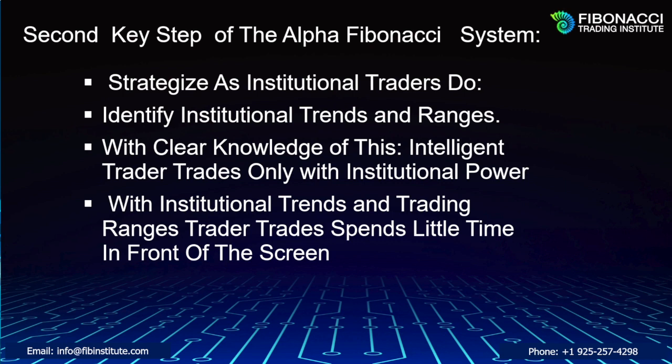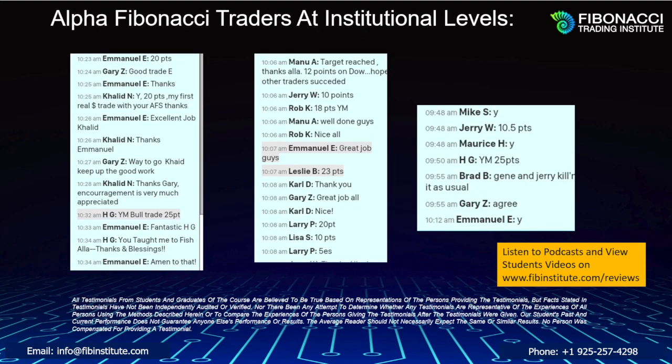And you will never ever need an indicator to show you this. Pure price tells you everything you need to know with the Alpha Fibonacci system. And this is what Alpha Fibonacci traders do at institutional levels. Emmanuel, 20 points. Khalid, 20 points. Just started the course.